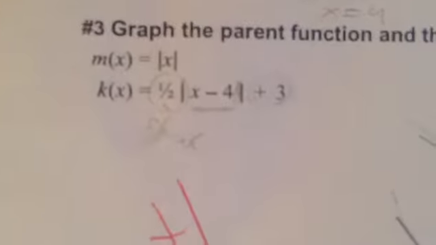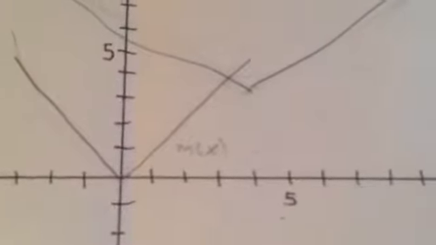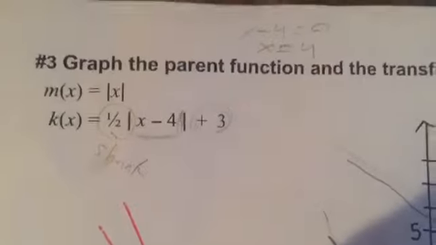So the absolute value of negative 4 is 4. So what you will do is translate the original line over 4 spaces to the right. At the end of the transformed function, it says plus 3. So from the original line, after you move over 4 spaces, you go up 3 spaces.